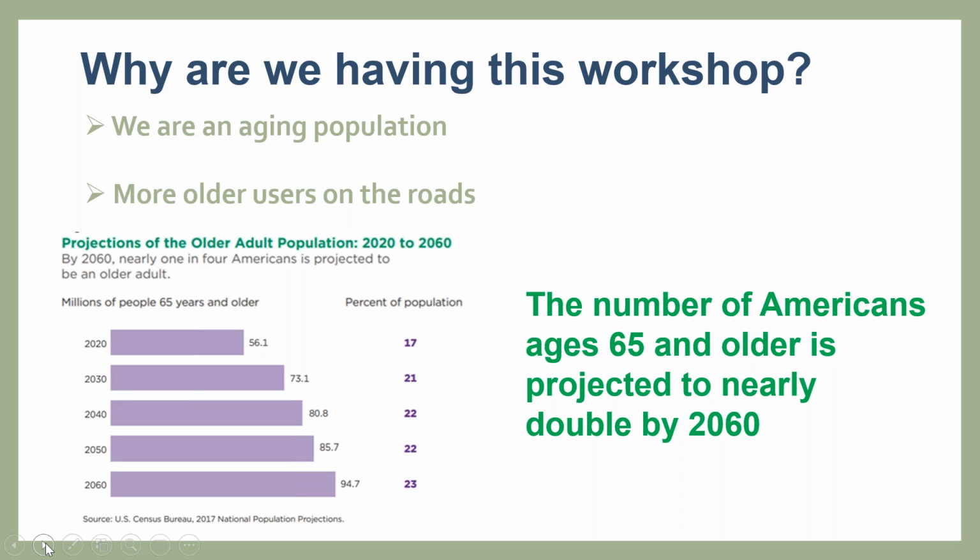You may have heard the phrase the gray tsunami. Well, that is certainly true. The number of Americans age 65 and older is projected to nearly double by 2060. So what that means is more older users on the road, not just drivers, but also pedestrians, bicyclists, transit users.